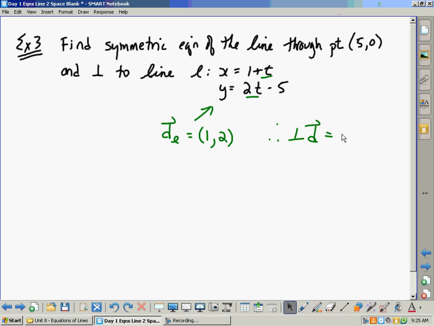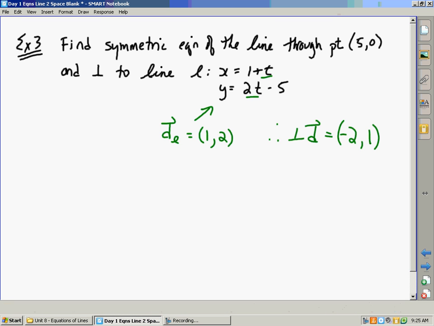So it is -2, 1. Remember the shortcut that we did last unit? You take the x and y, switch them, and make one of them negative. So Miranda told us -2, 1. What else could she have said? 2, -1, that's right.